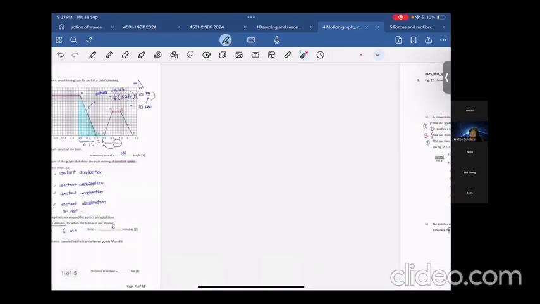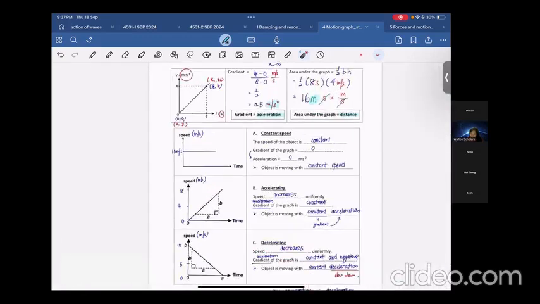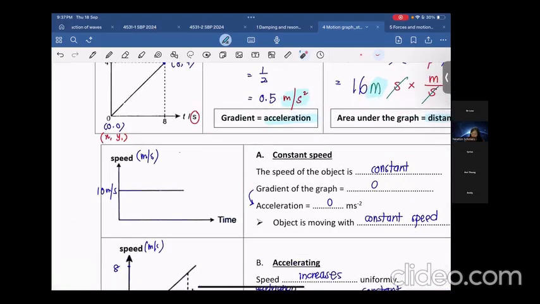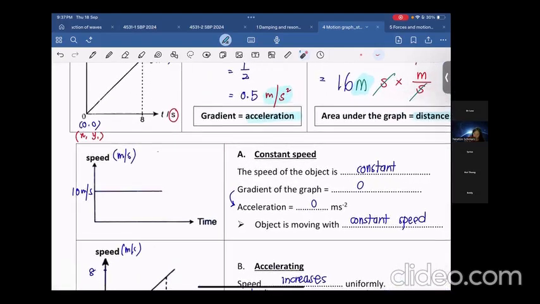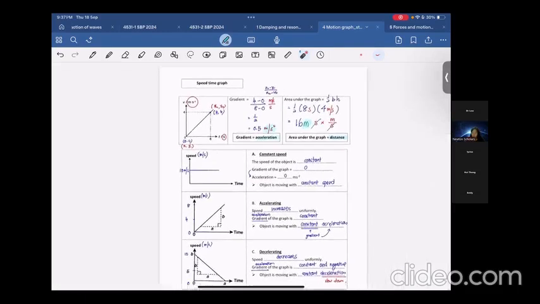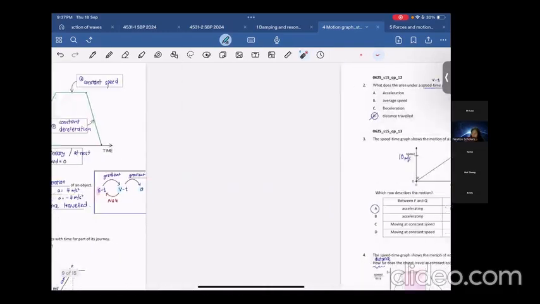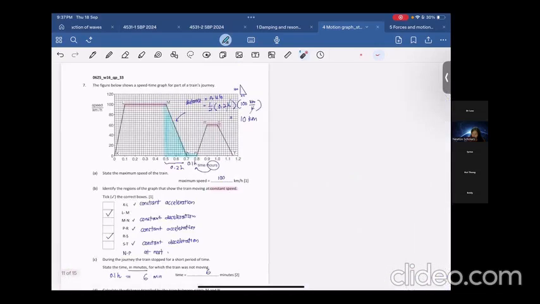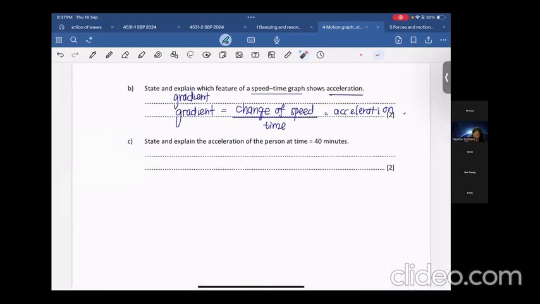Okay, let me go back to here. This one. Horizontal line. Constant speed. What is the gradient? 0 because this is a horizontal line. Acceleration, what's going on? 0. Okay, so it's actually asking this part. So at here, the last one, we fill in the blank. State and explain the acceleration of the person at time 40 minutes.